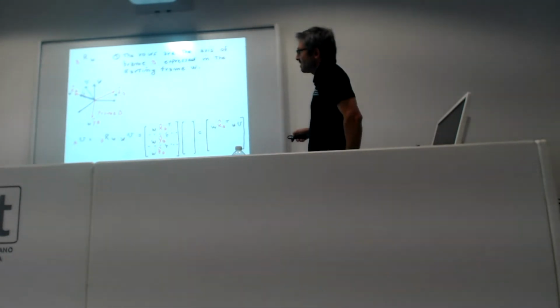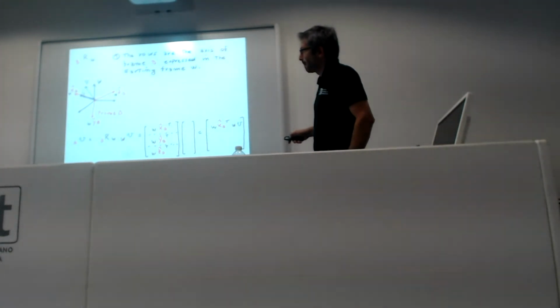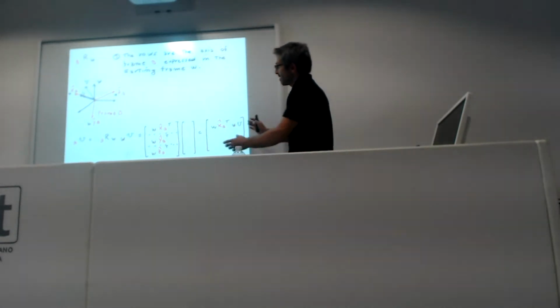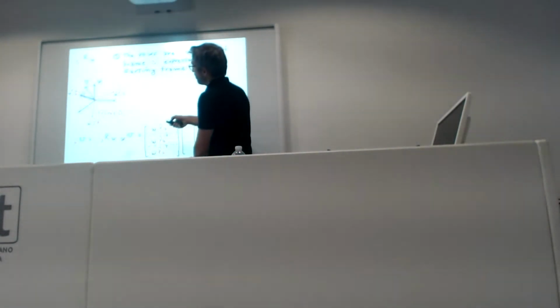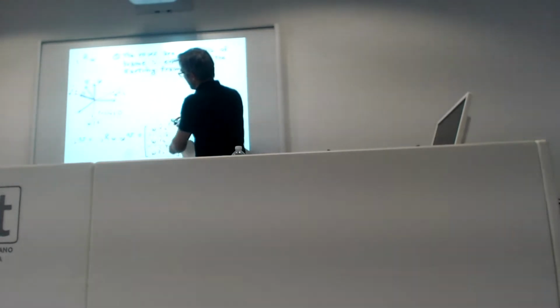Why? Because whenever you project a vector that lives in the world frame, if you have the axes of the ending frame as rows, it's like you do a dot product, so a projection.